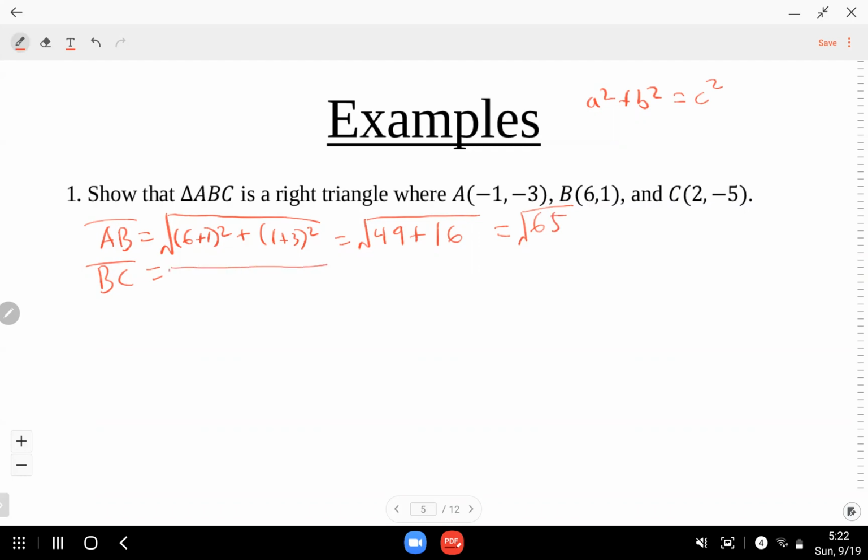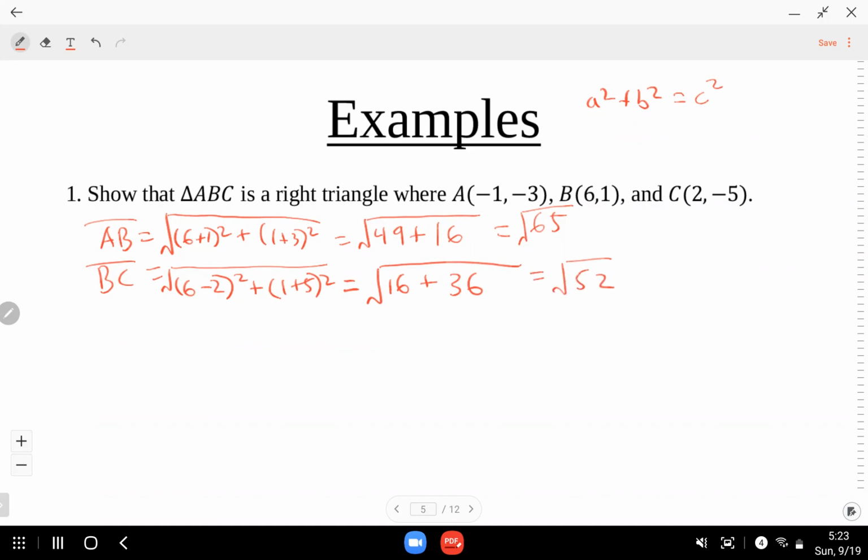And then BC, what would that equal? It's the square root, okay? It would be 6 minus 2 squared, plus our y values, we have to subtract them too. So it'd be 1 plus 5 squared, which equals 16 plus 36. That equals the square root of 52.